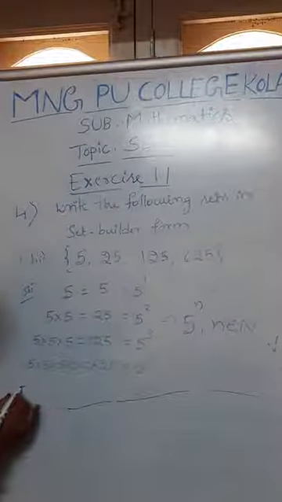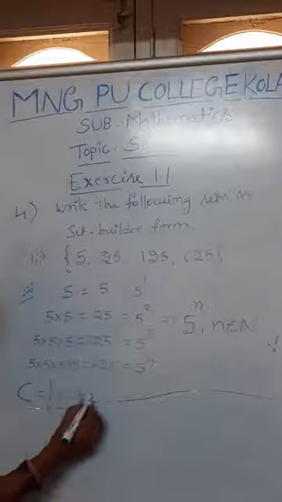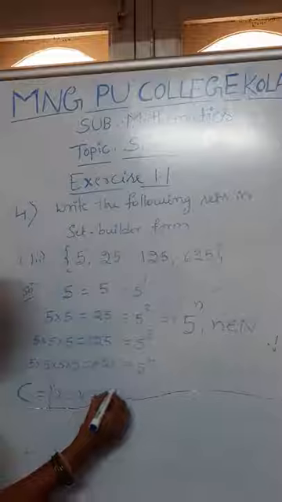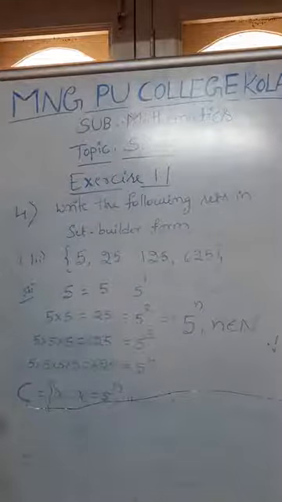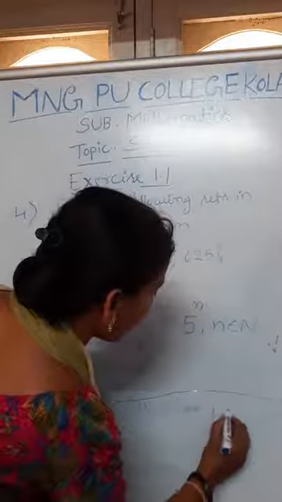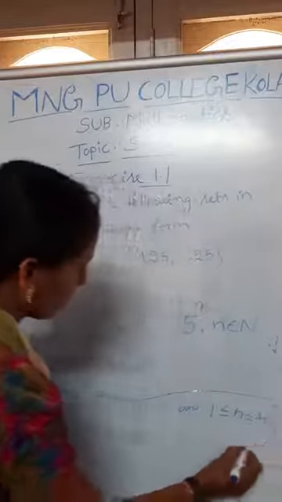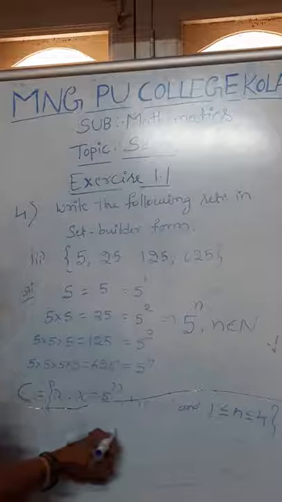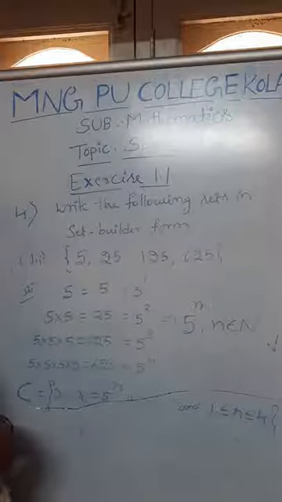Set C equals x such that x equals 5 to the power of n, n belongs to the standard notation N, and 1 less than or equal to n less than or equal to 4. This is the set builder method. Next class we will continue with some more problems. Okay, thank you.